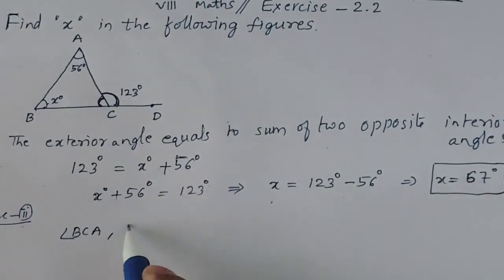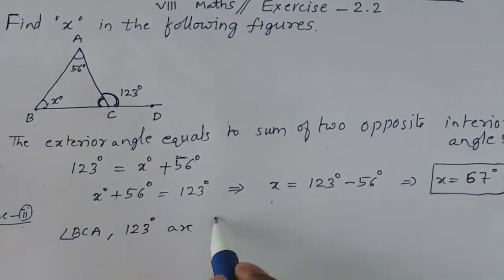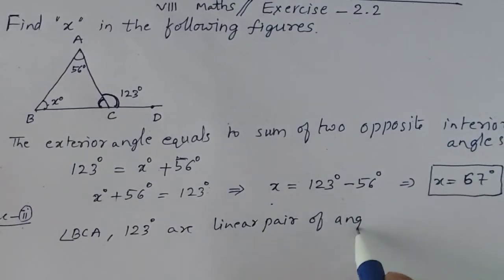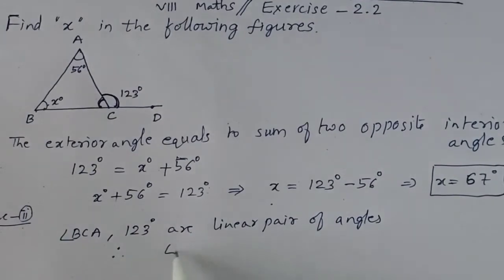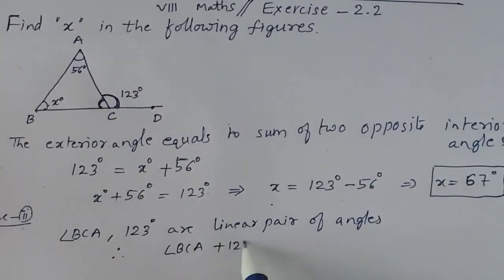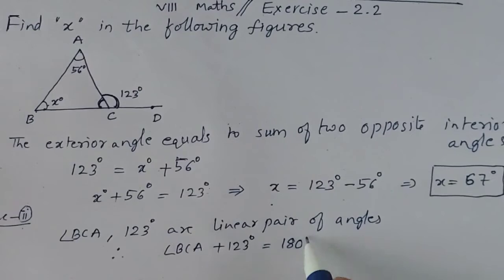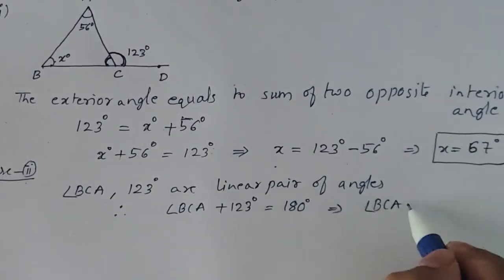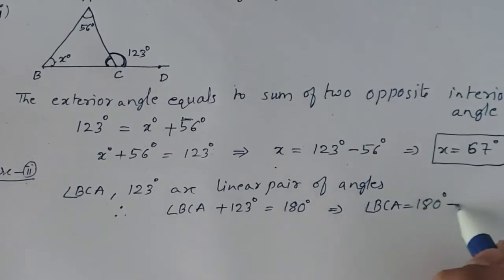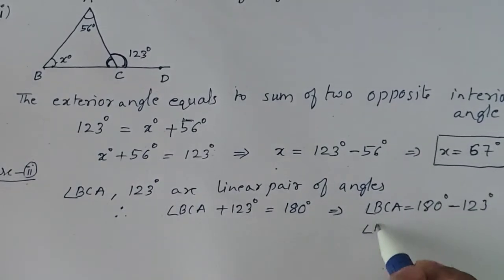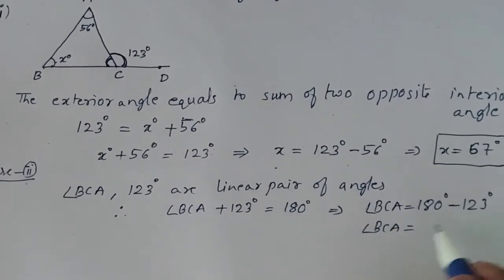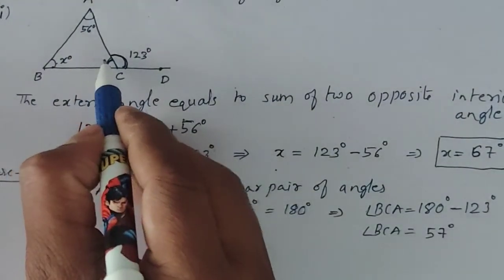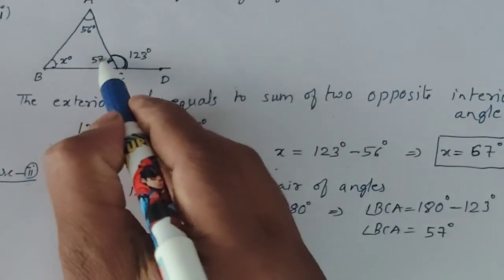So angle BCA and 123 degrees are a linear pair of angles. Therefore angle BCA plus 123 degrees is equal to 180 degrees. So angle BCA is equal to 180 degrees minus 123, which becomes 57 degrees.